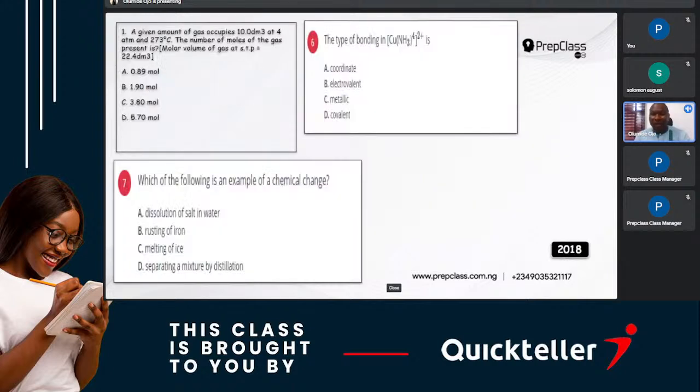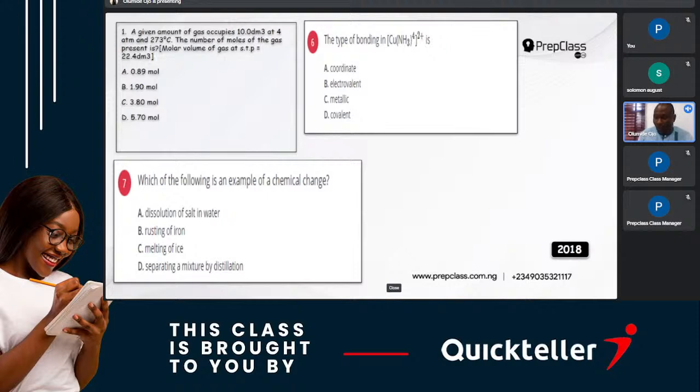So we'll go to 2018. A given amount of gas occupies 10 dm cube at 480 mmHg and 273 degrees Celsius. Now, volume is 10 dm cube. Pressure is 480 mmHg. Temperature is 273 degrees Celsius. The number of moles of the gas present is asked.